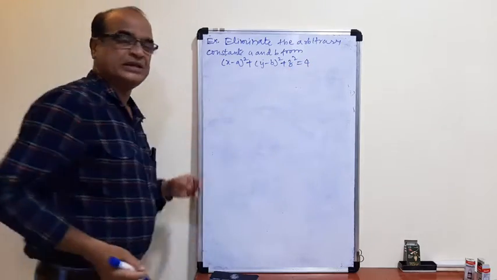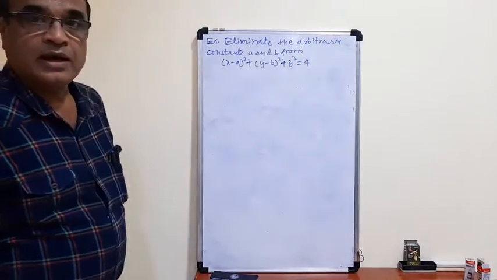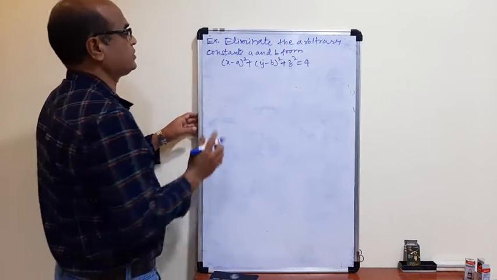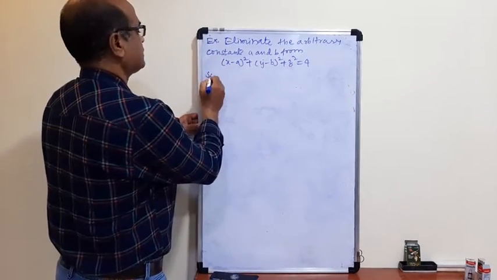So this is the equation given here. Obtain the partial differential equation by eliminating a and b from this equation. Okay, solution.